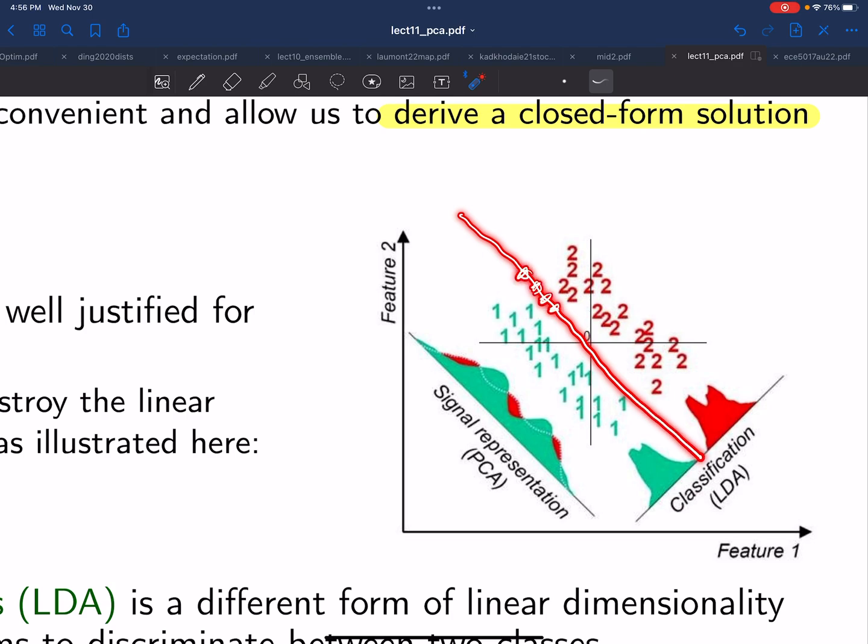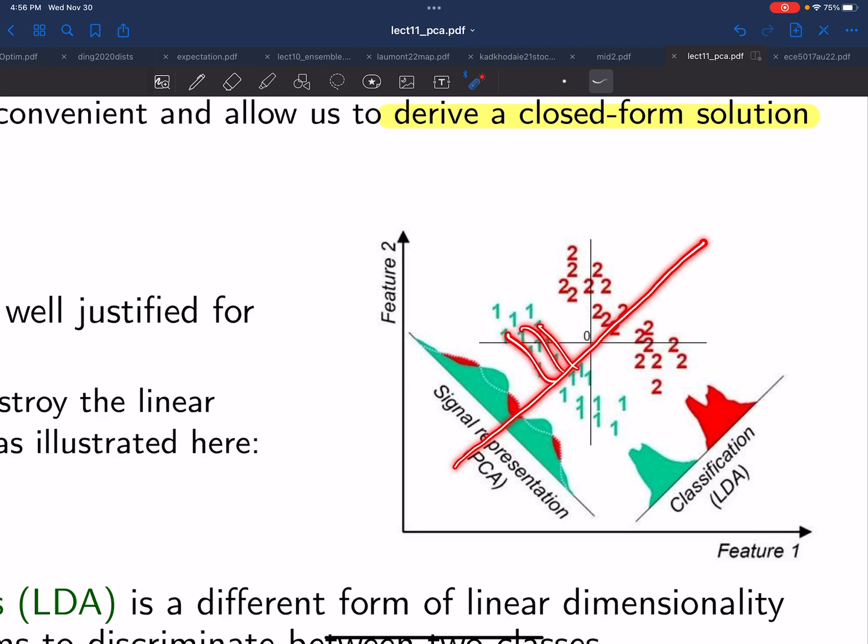So this is what it would look like after you're done with PCA. You'd have those data samples. And now you can see it's impossible to tell class 2 from class 1, right? They're all smushed together on that line. If you knew you were doing classification in advance and you said, I have to choose one direction onto which to compress my data, you would actually, for this data set, want to do this.